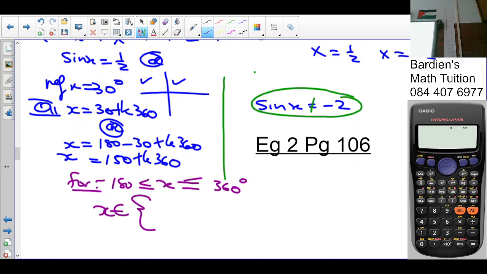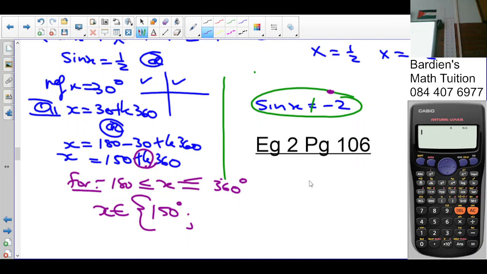We start listing. Remember this branch here doesn't exist, so we don't have to worry about it. There's no solution. However, on this one, I start with k is 0. If k is 0, I'm left with 150. If k is 1, then it's going to be 150 plus 360, which is 510, which is outside this given domain. If 1 doesn't work, of course 2 won't work, 3 won't work, and so on.